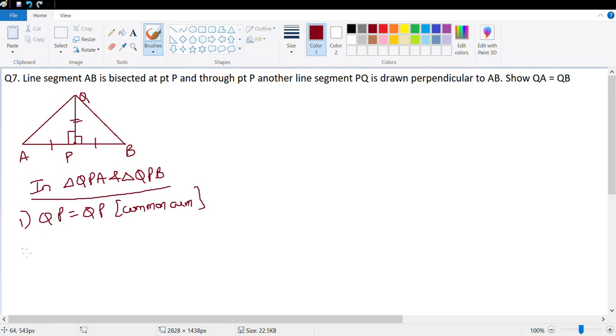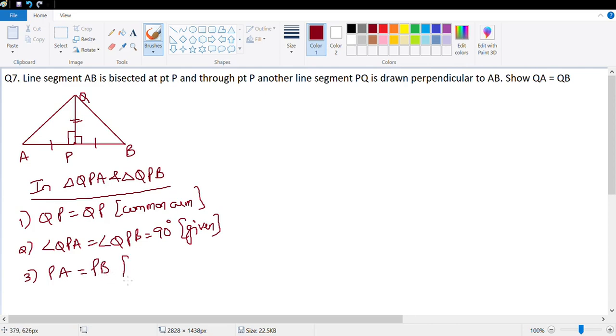Number 2, angle QPA is equal to angle QPB is equal to 90 degrees. This is given. And point number 3 is PA is equal to PB. Reason, since P is the midpoint of AB.